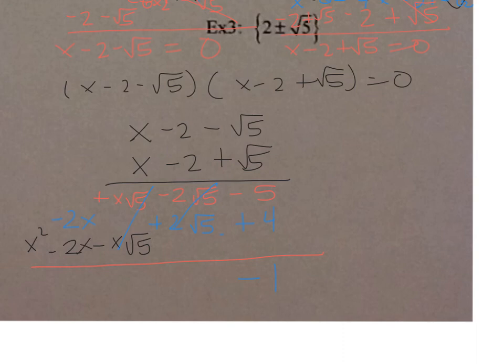They become 0. Right here, I have negative 2x and a negative 2x. That becomes negative 4x. And then lastly, I have this x squared that I'm just going to bring down. And then the last thing is, don't forget that it has to equal 0. So my equation is x squared minus 4x minus 1 is equal to 0.